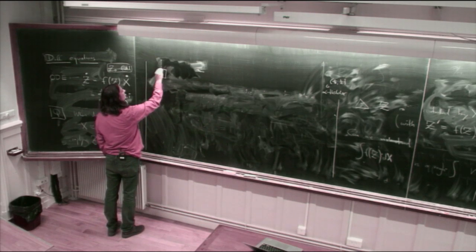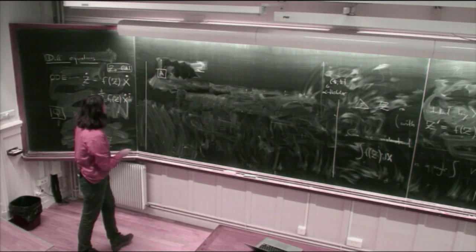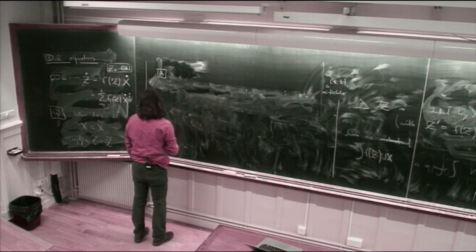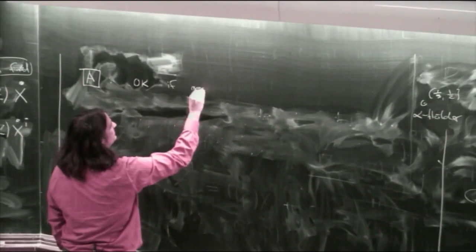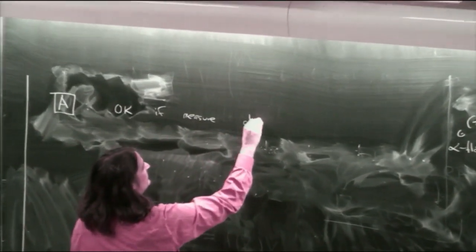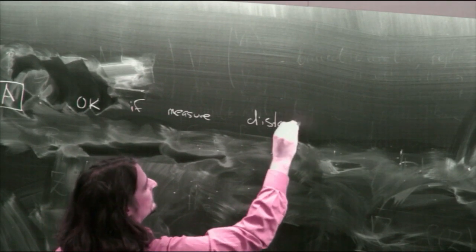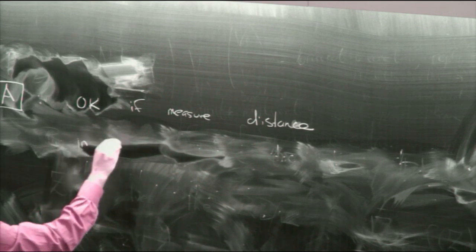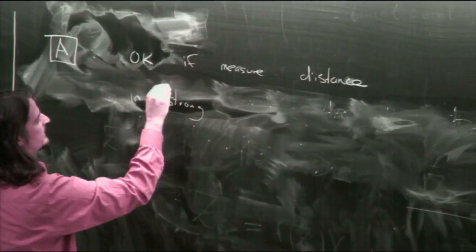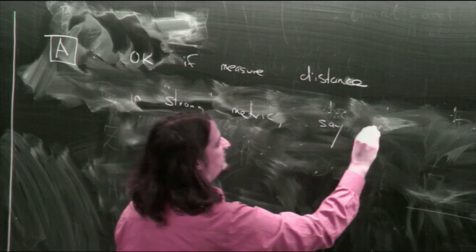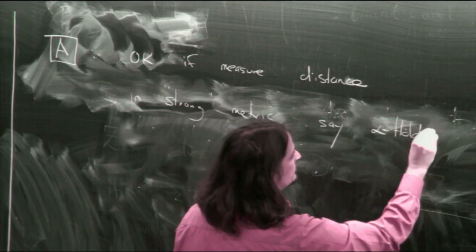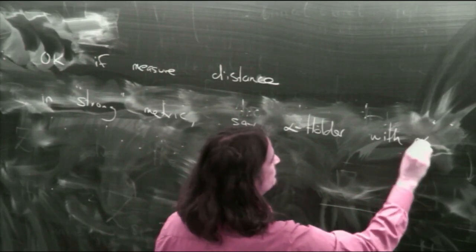If we measure the distance, I'll first put in the strong topology case. In a strong metric, say alpha Hölder with alpha greater than 1/2.